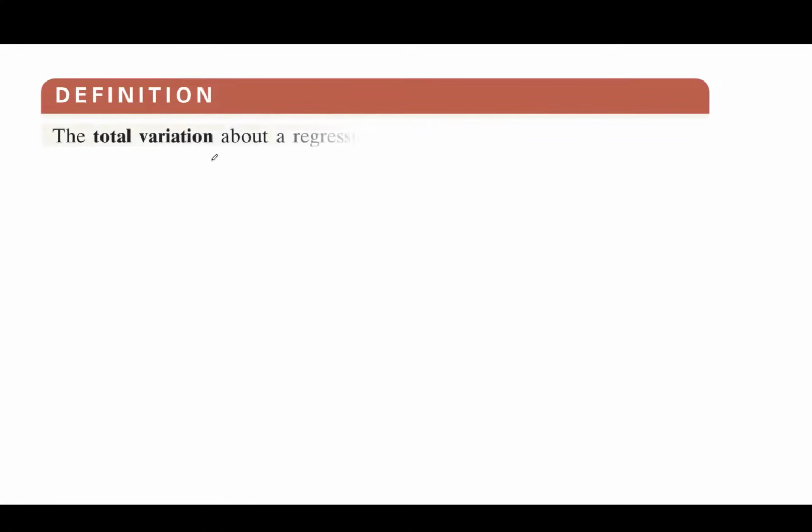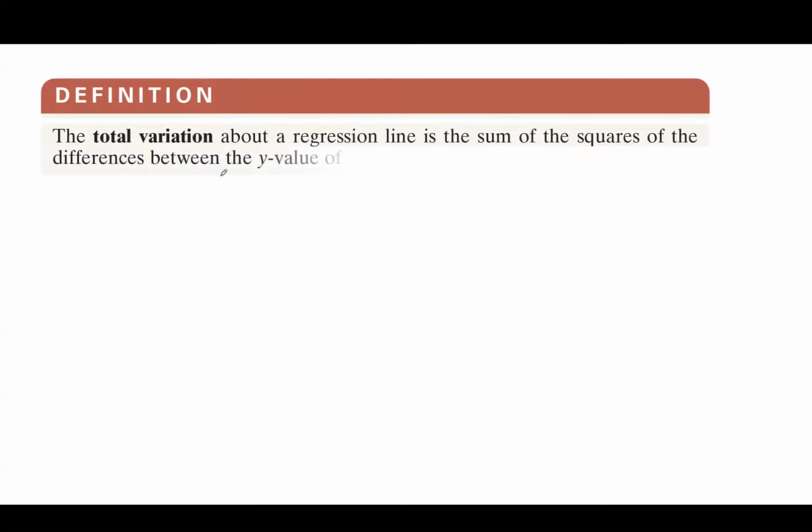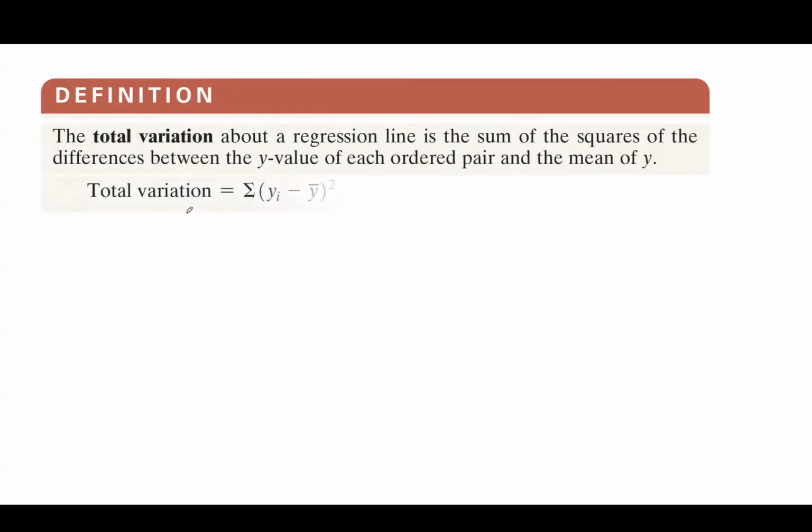The total variation about a regression line is the sum of the squares of the differences between the y value of each ordered pair and the mean of y. So we can write it this way.